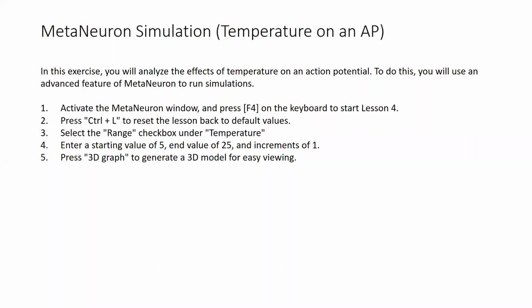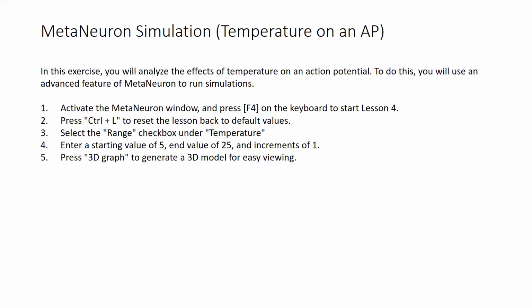In this exercise, you will analyze the effects of temperature on an action potential. First, activate the Metaneuron window and press F4 on the keyboard to start Lesson 4. Press Ctrl L to reset the lesson back to default values.